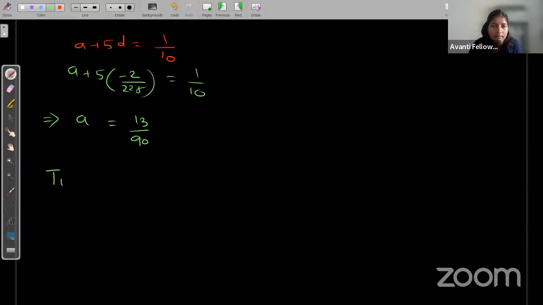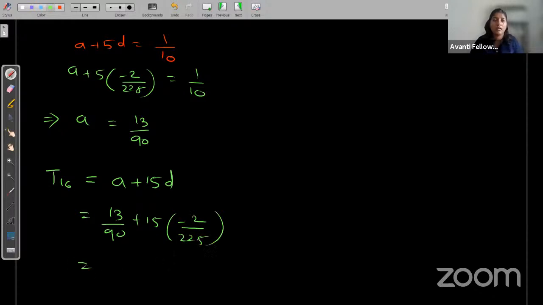So what will be the T16 in case of AP? T16 will be A plus 15D. Just substitute the values: 13 by 90 plus 15 into minus 2 by 225. Just compute it, and when you compute it, we will get the value as 1 by 90.